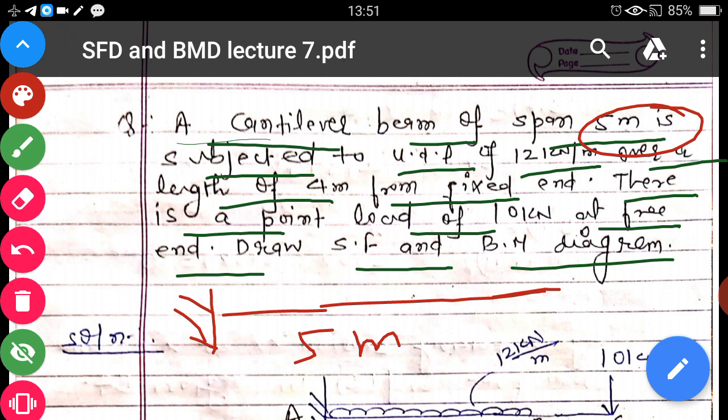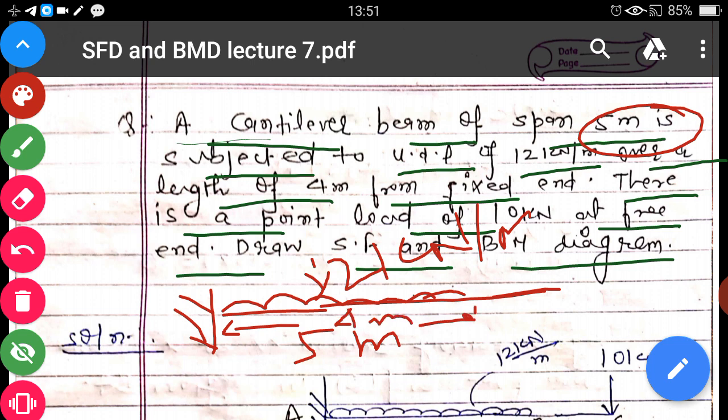That is a UDL, not a point load, and from the fixed support it is 4 meter. After that there is a point load of 10 kN at the free end. The remaining distance is 1 meter, because 5 minus 4 is 1 meter. That is the loading condition of the beam.